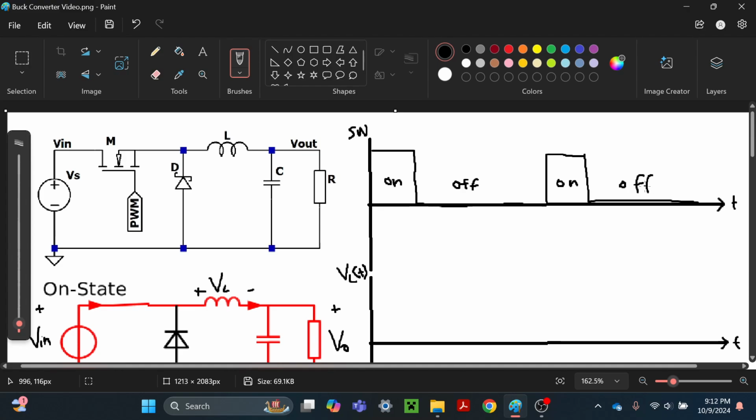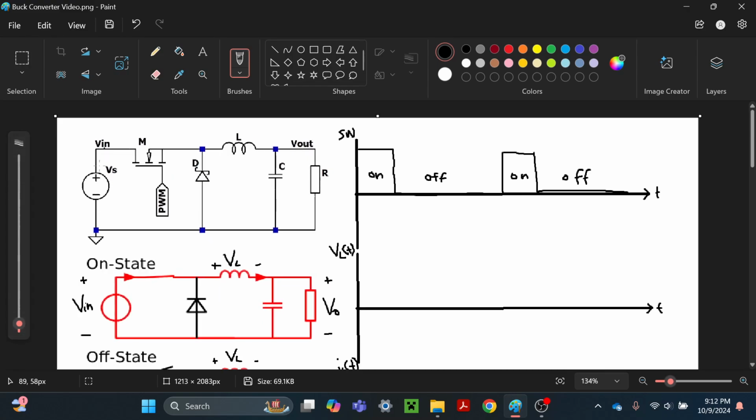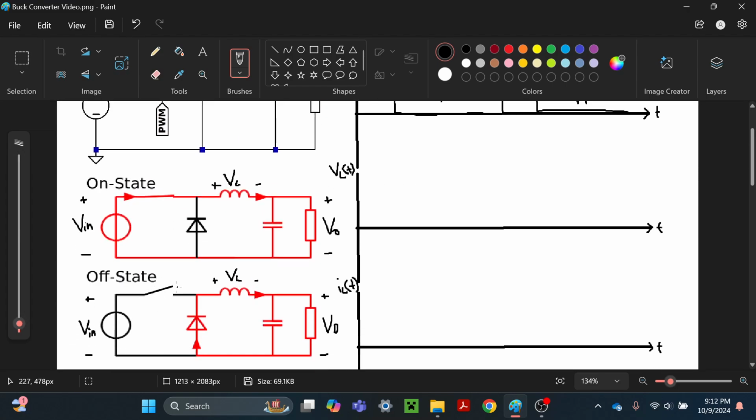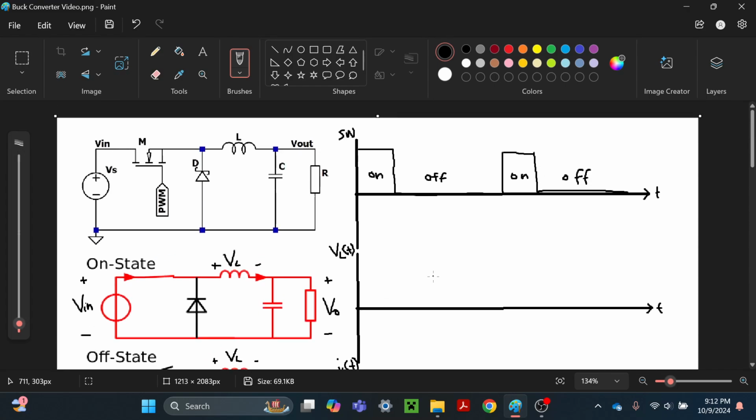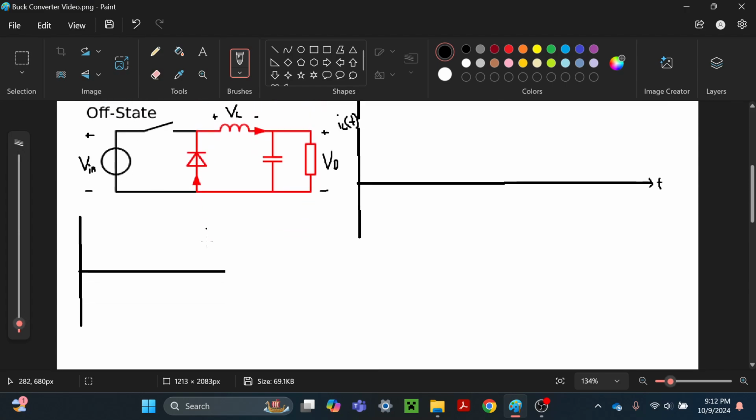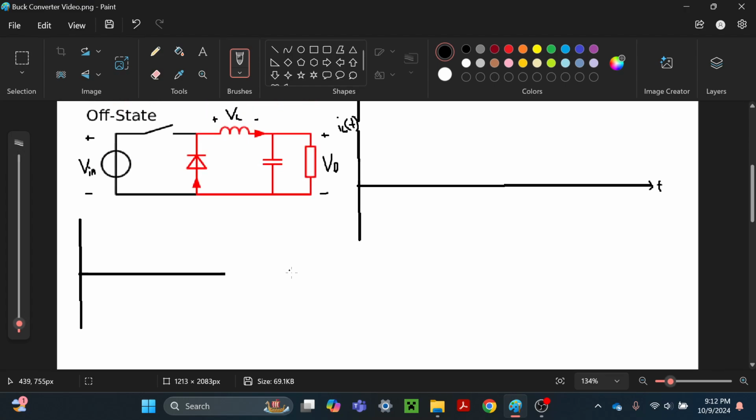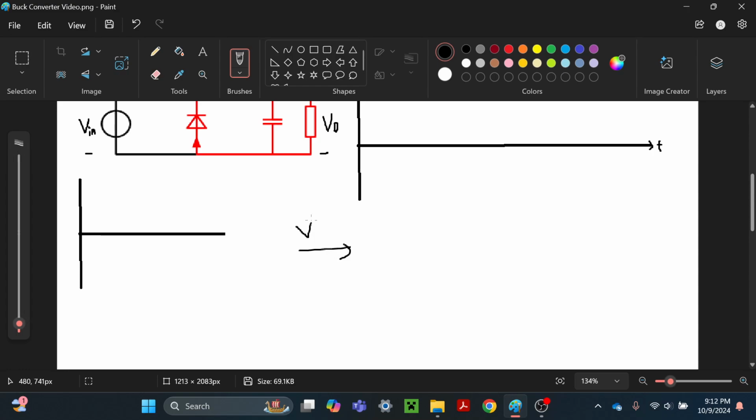So the whole purpose of this buck converter really is to convert this input voltage to a lower output voltage, right? So the way we do that is by turning on and off this switch, and the transfer function for this, which is basically going to tell us, so we put this voltage in, then this is our buck, so we get this voltage out, right?